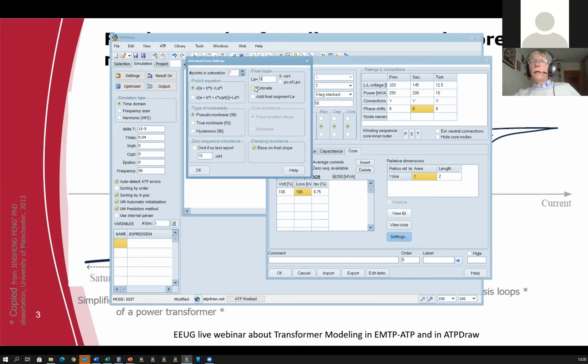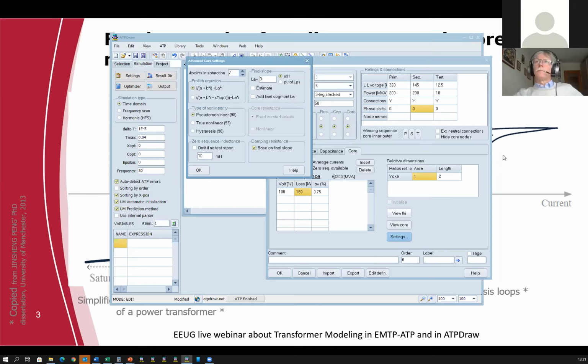If you have no idea, you can choose this estimate. The program will make a try to estimate it. So that's all I know about it. This final slope on the nonlinear characteristic is very, very important in inrush studies. So you must pay attention.